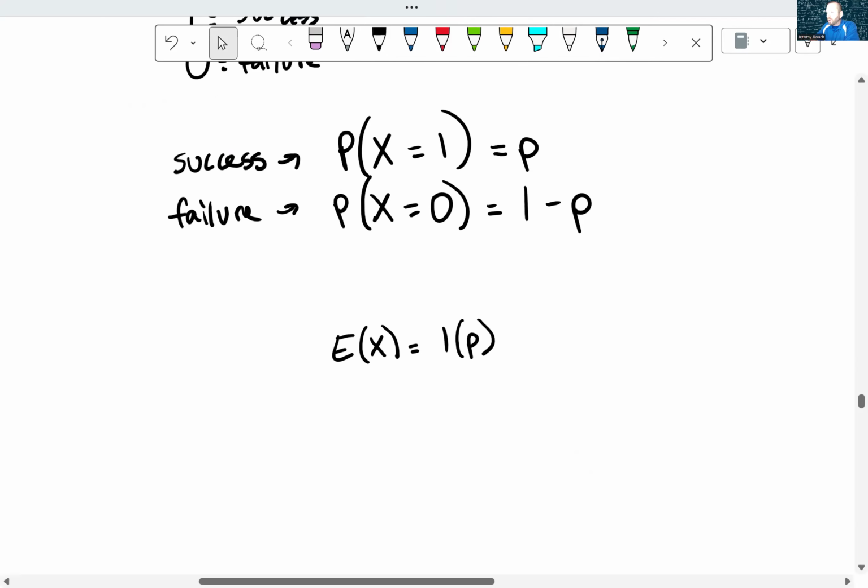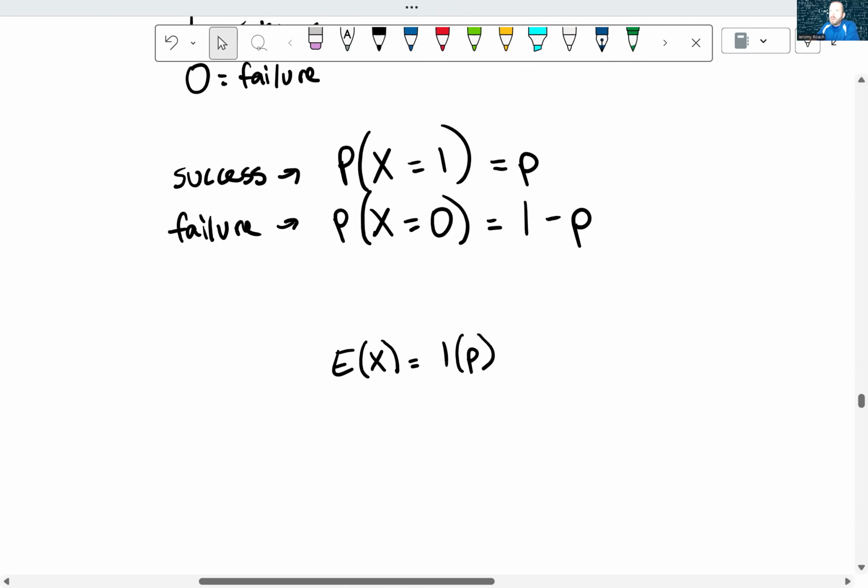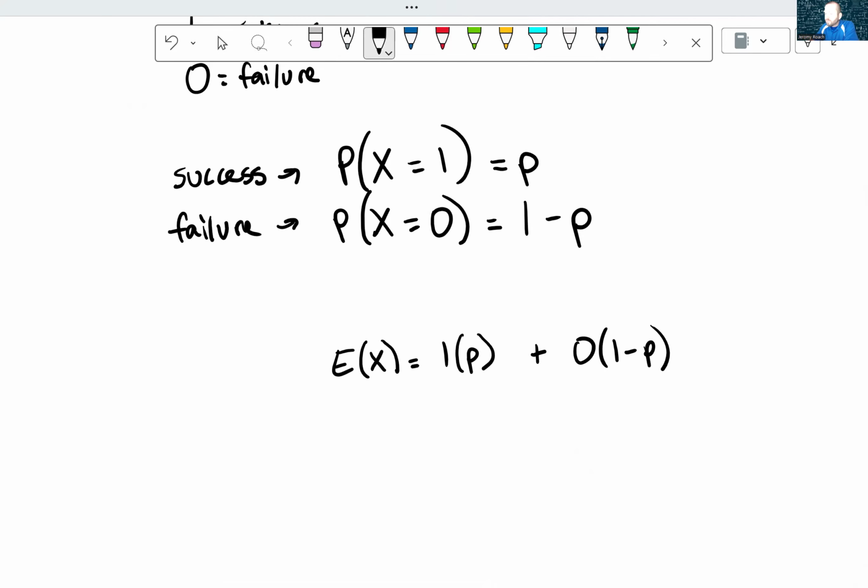Plus failure times the probability of failure. That's going to be our expected value. And when we multiply this 0 times 1 minus p, we just get 0. And so our expected value is just going to be p.